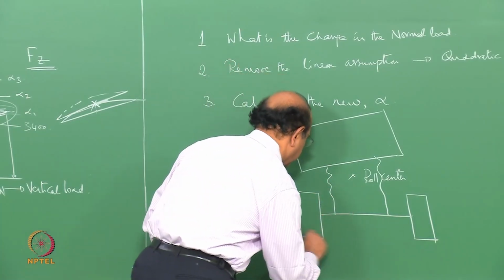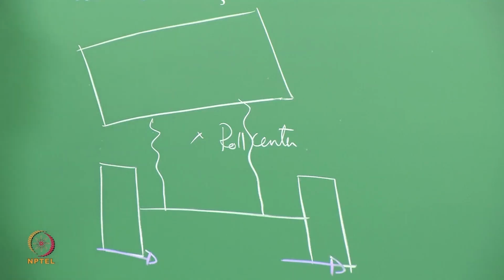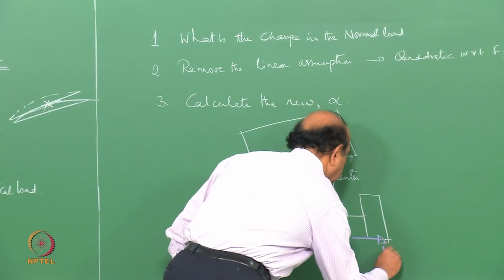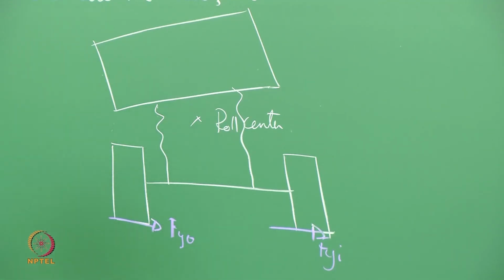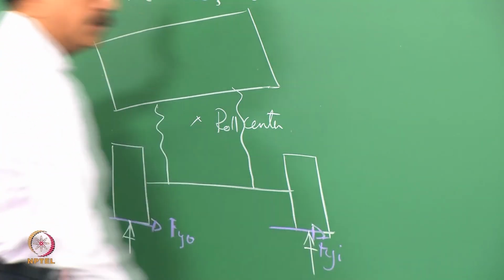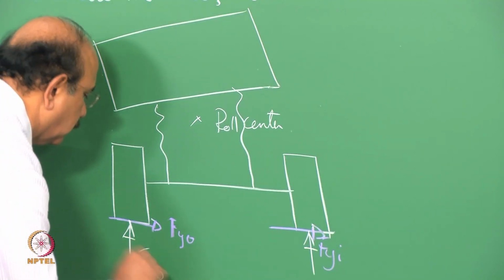Okay. So this we will call Fy outer and Fy inner. And of course there will be a normal load acting, which we would call Fz outer and Fz inner.